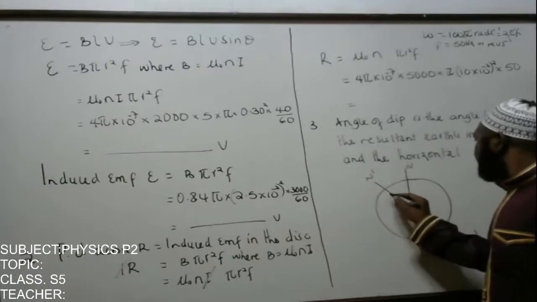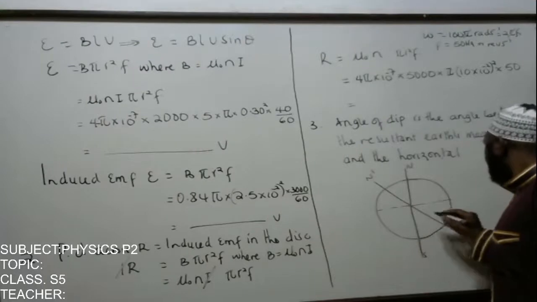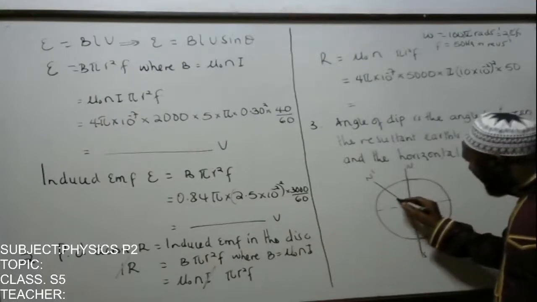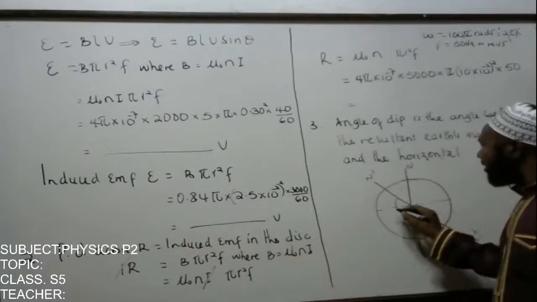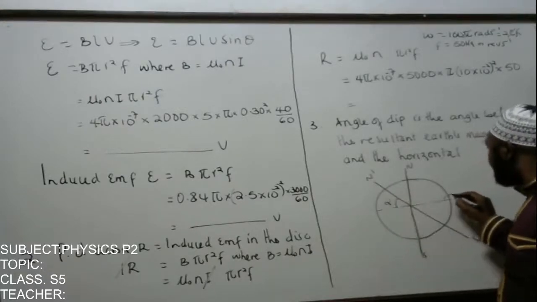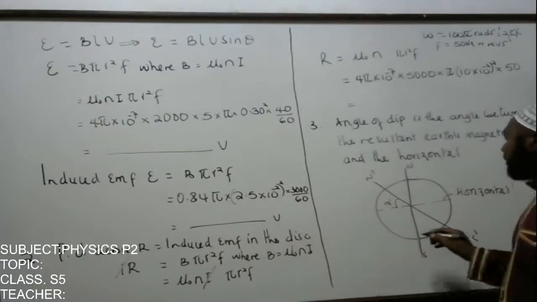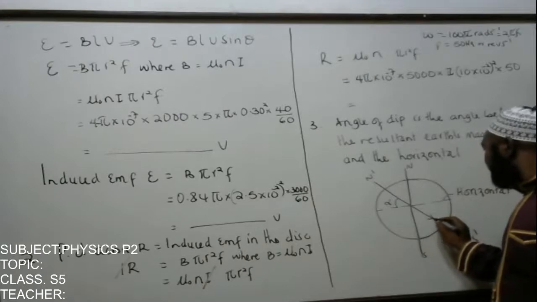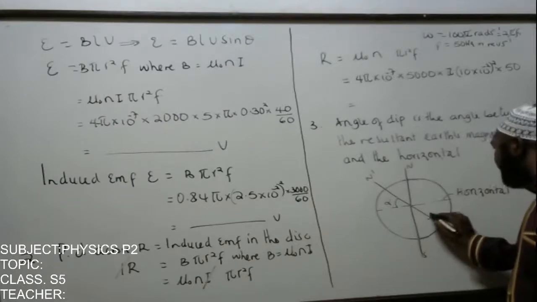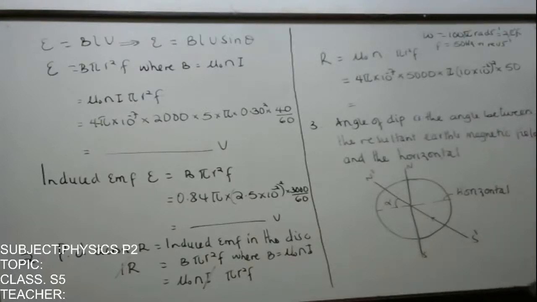So the horizontal or the equator is this way. So the angle between the resultant Earth's field, or what we call the magnetic axis, and the horizontal is what we call the angle of dip. So the field will be moving from north to south, or from south to north, no matter. So that is the angle we are talking about.